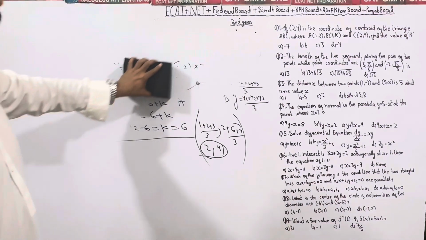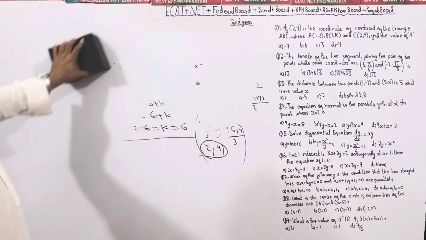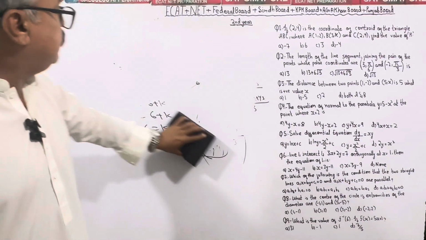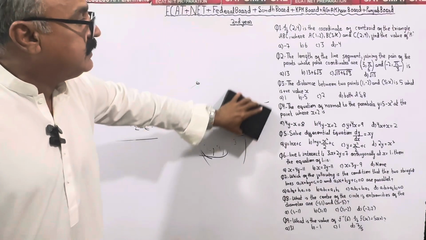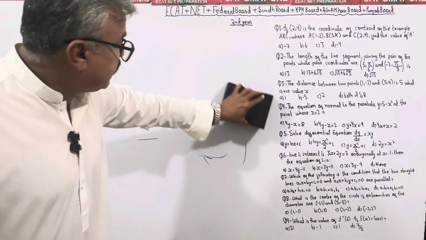Now we are asked to find the length, the distance of the line segment, and we are given polar coordinates: the radial distance, radial segment and the angle.